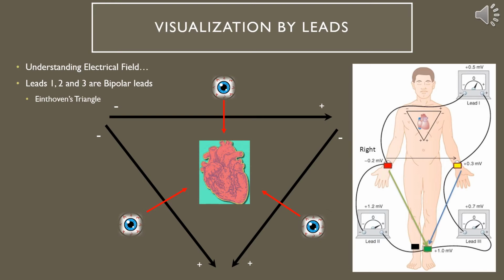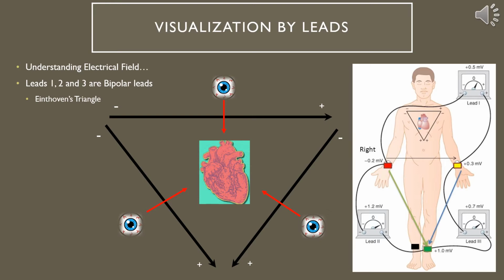We're visualizing the heart from that leg up to the arm. So you see that left side of the heart. And when you are visualizing lead 3, it's kind of looking from that leg up to the left hand. So you see more of the right side of the heart.